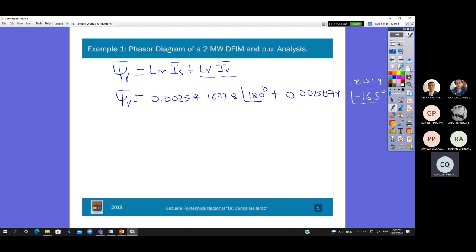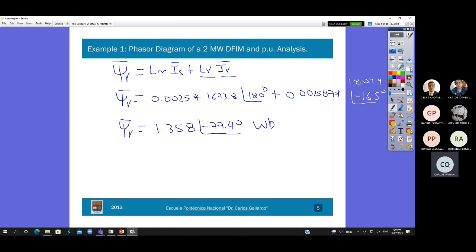Okay, so finally the actual value is 1.358 with negative 77.4. This is the flux.